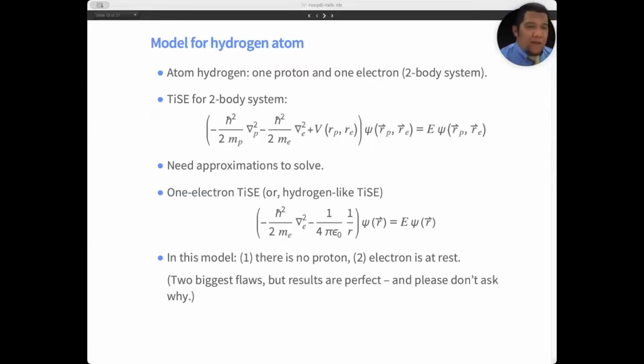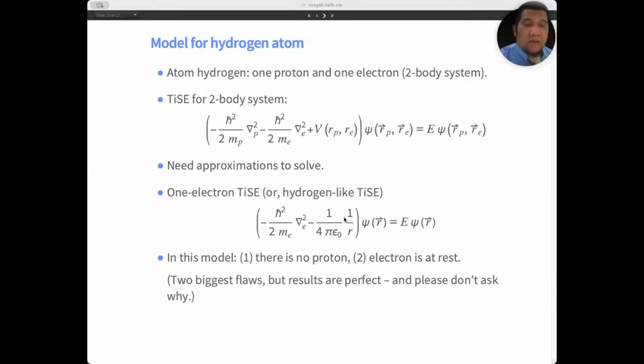Now, let us go back to the hydrogen atom, where we have one proton and one electron. In other words, the hydrogen atom is a two-body system. It is impossible to have a complete solution of a two-body system unless we introduce some approximations to reduce the two-body system into a one-electron system. The approximations give us the time-independent Schrödinger equation as follows. There is no mass in this equation, and the potential is Coulomb interaction only.